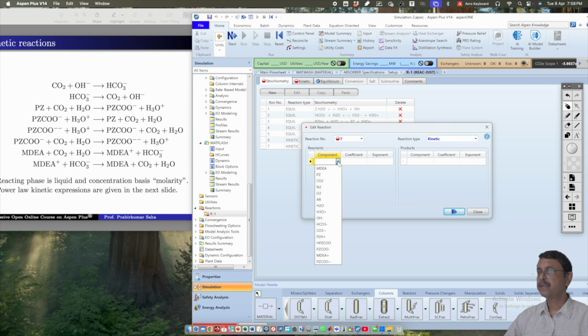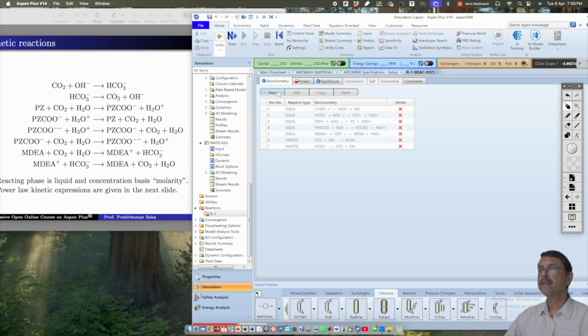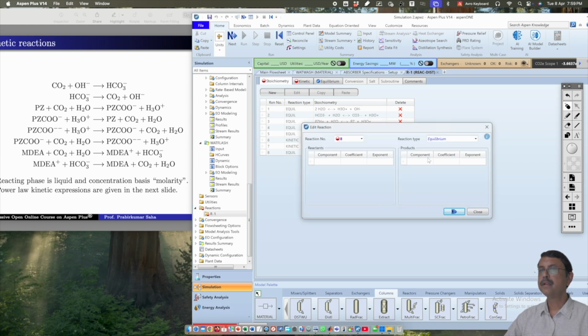This will be exactly opposite. HCO3 converts into CO2 and OH minus. Then 8th reaction, kinetic, PzCO2H2O.